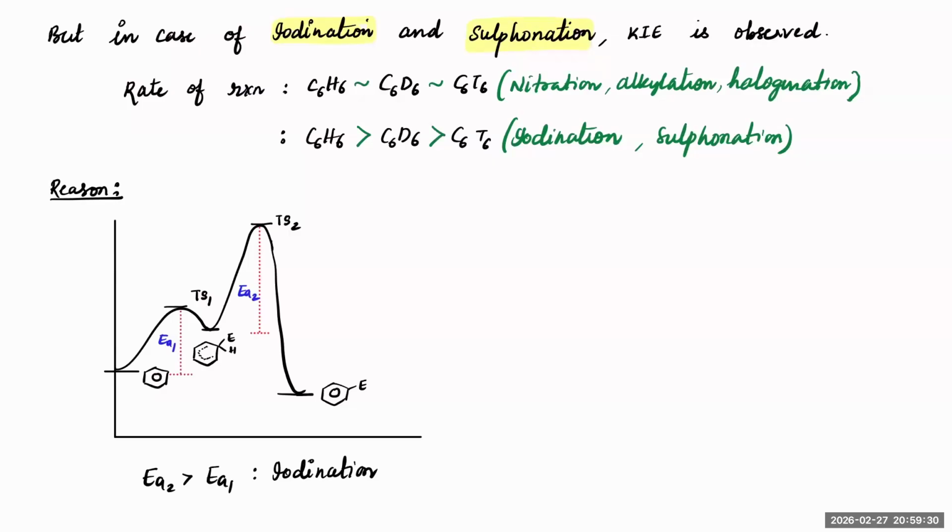And you can notice that if this is the first activation energy and the second activation energy, the second activation energy is higher than the first. That's why the second step, although it is retaining aromaticity, let me show you that. Suppose you react this with I plus, and you are expecting an intermediate to be formed here where iodine and hydrogen are present with a plus charge, with a double bond. This is a loss of aromaticity.